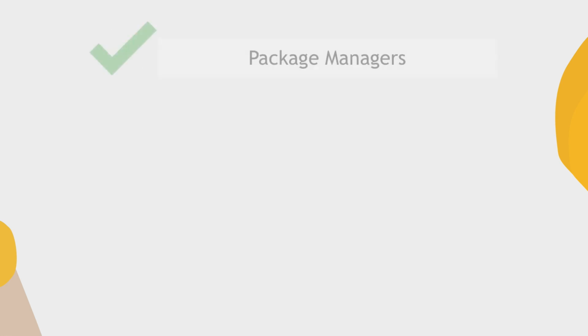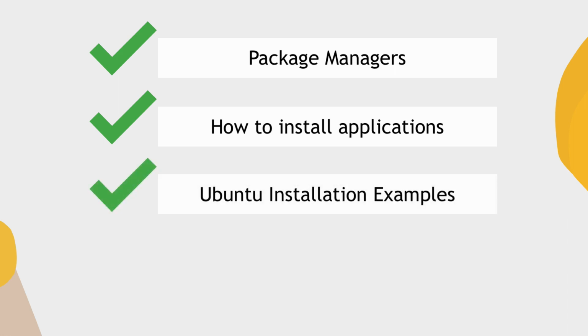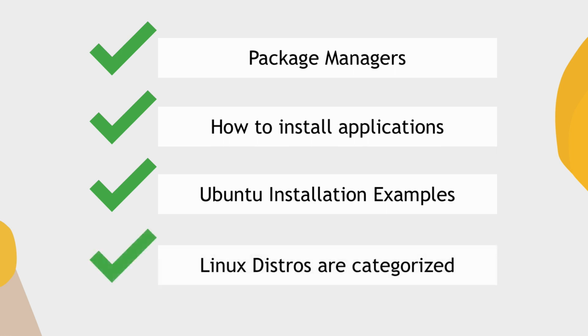So now you know what package managers are, and you know how to install applications on Linux distributions. And we saw some examples on Ubuntu. We have one main way of installing software on Linux and some alternatives for the rest of the cases. And we also saw that distributions are actually categorized based on which package manager tool they use.